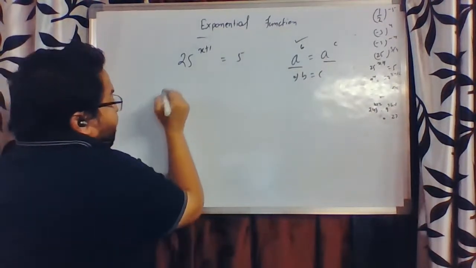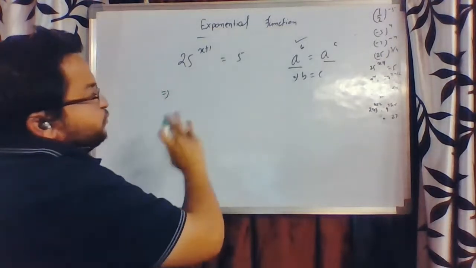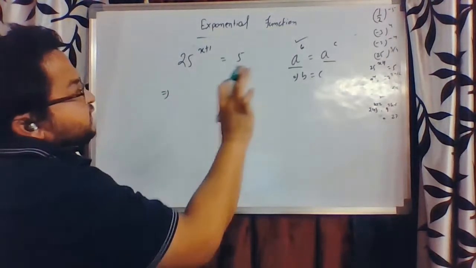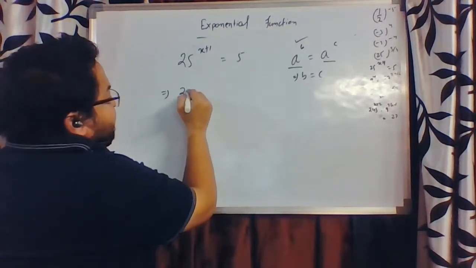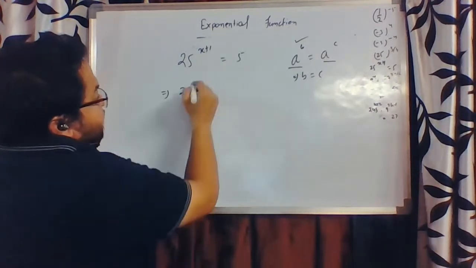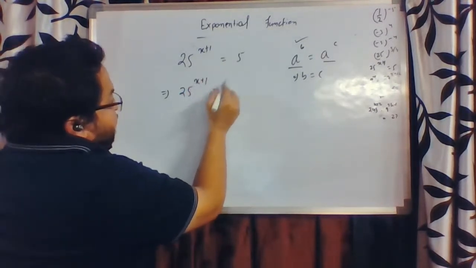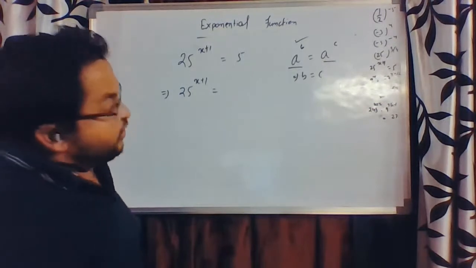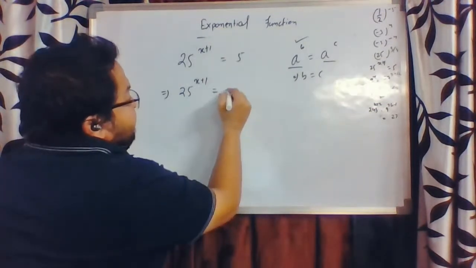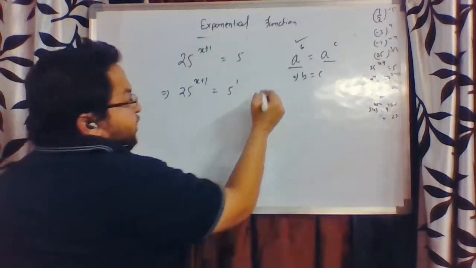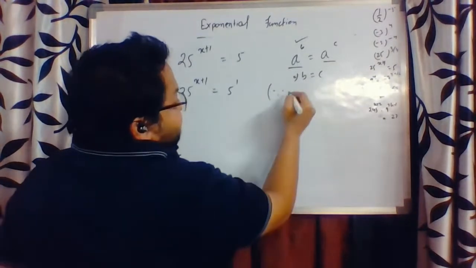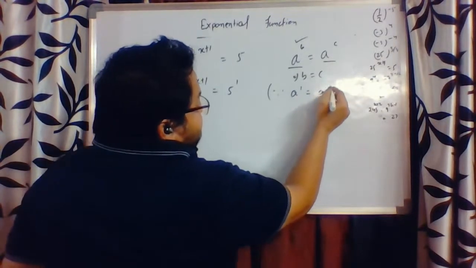So first and foremost, let me express both the sides as exponential functions, right? So the left side is already an exponential function, 25 to the power x plus 1, whereas my right side is not an exponential function. So I can write it as 5 to the power 1, because a to the power 1 equals a.